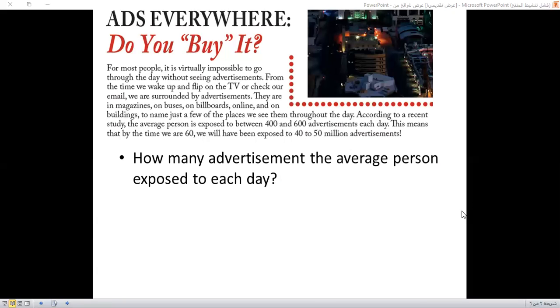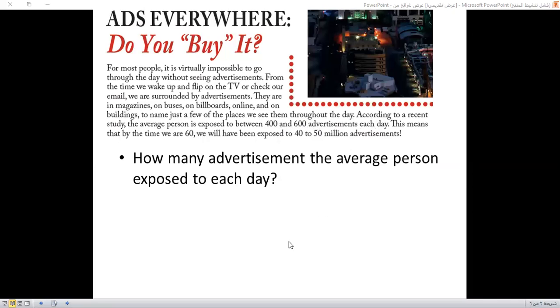From 40 to 50 million advertisements is by the time you are 60. But the average person: 400 to 600 advertisements each day, not for a year or a month. Each day, any average person is exposed to 400 to 600 advertisements. Can you imagine that?